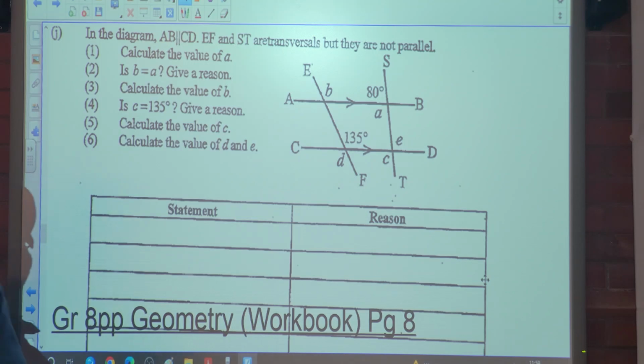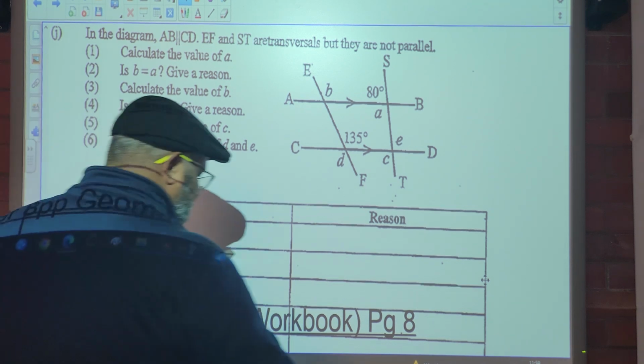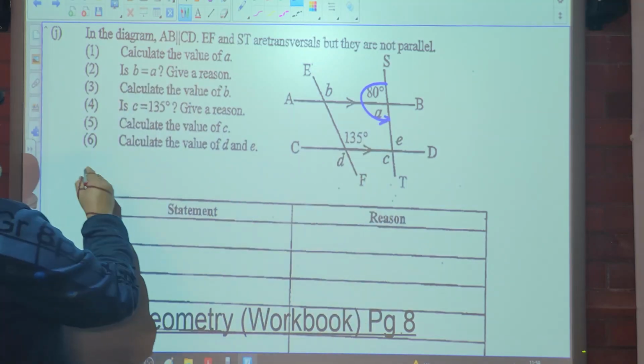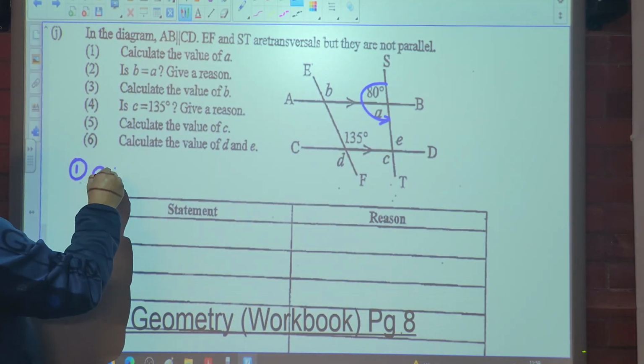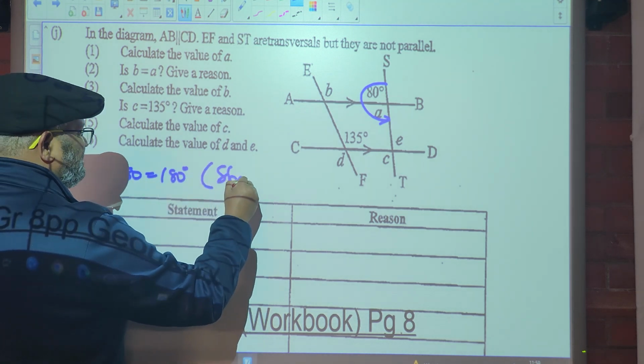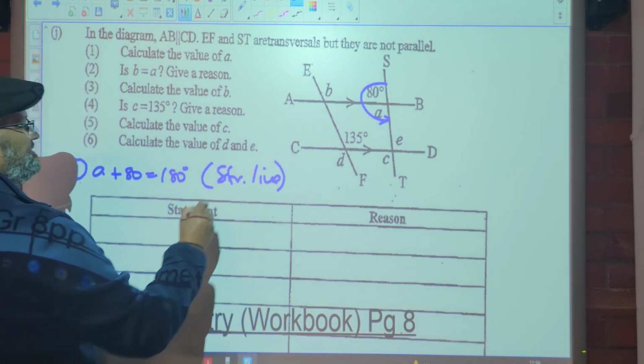Right. In the diagram, AB is parallel to CD. EF and ST are transversals, but they are not parallel. What's the value of A? You can solve for A. Angles on a straight line. How do we do that? A plus 80 is equal to 180. Why? Straight line.